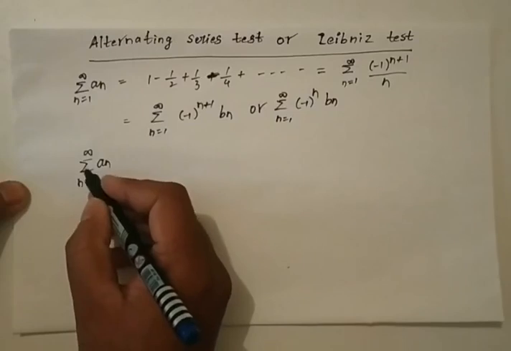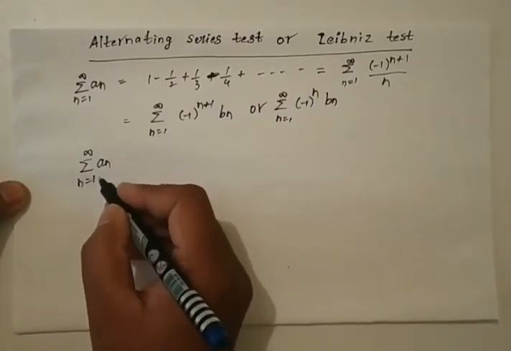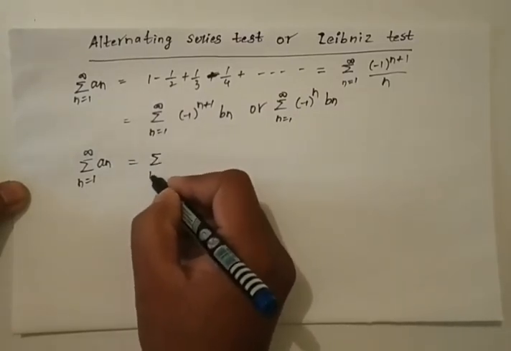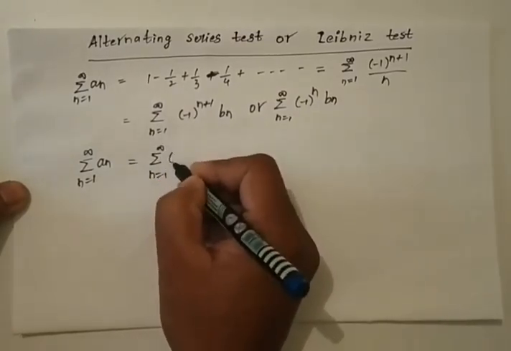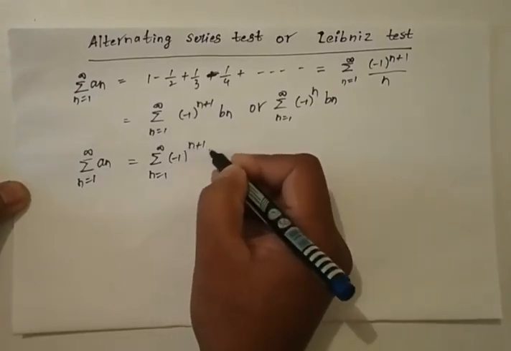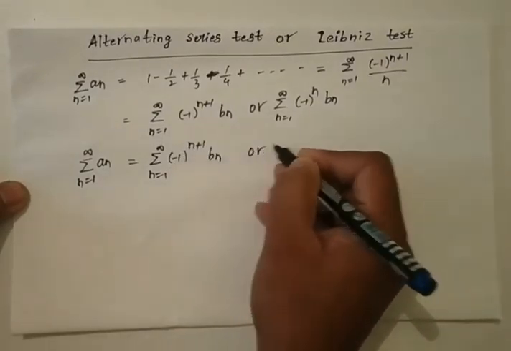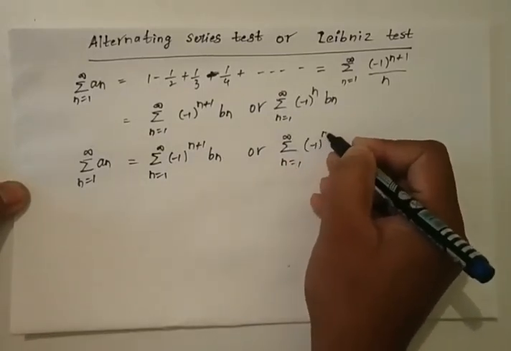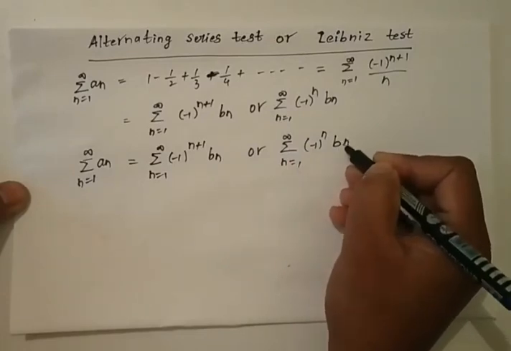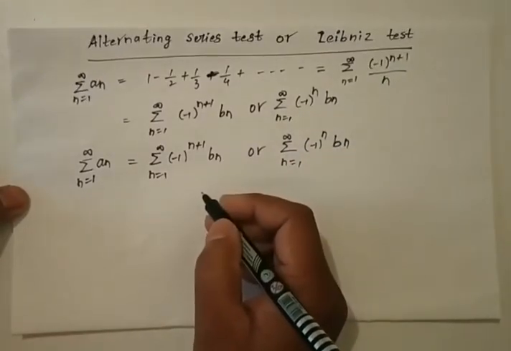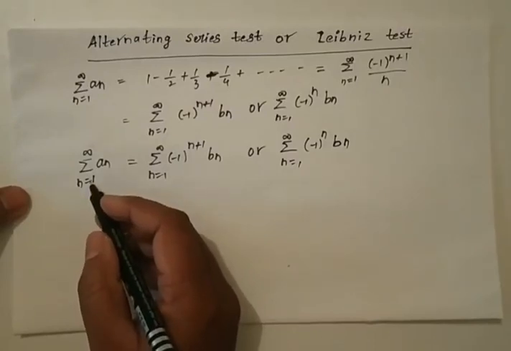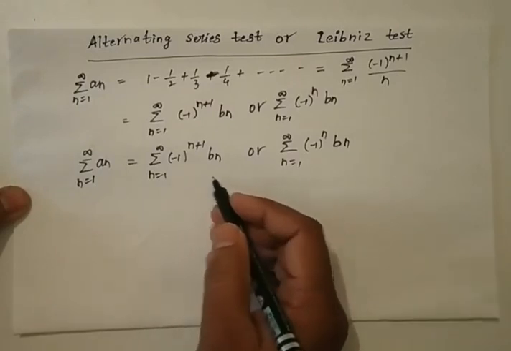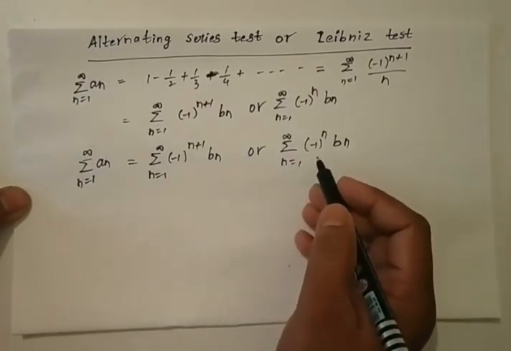Let us consider summation an as a series which is in the form of either minus 1 whole power n plus 1 bn, or summation n equals 1 to infinity of minus 1 whole power n bn.